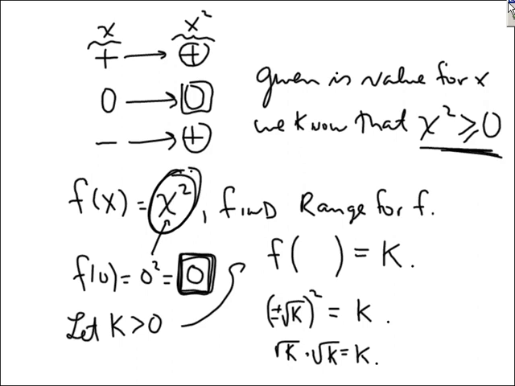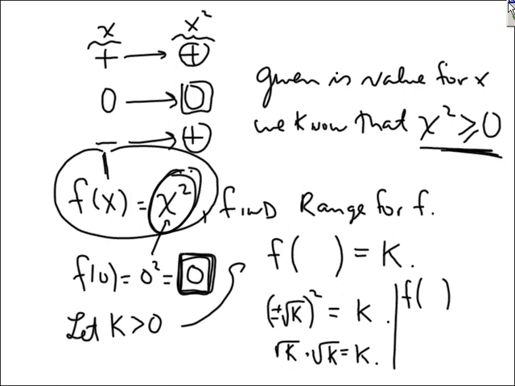That is, if K is 83, can I find f of something? Remember, f takes what's in the brackets and it squares it. Can I take f of something to get 83? The answer is yes. You can take f of square root of 83. You can even take f of negative the square root of 83. Because f of the square root of 83 is equal to the square root of 83 squared.